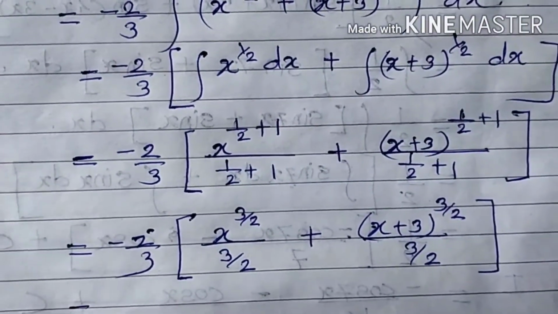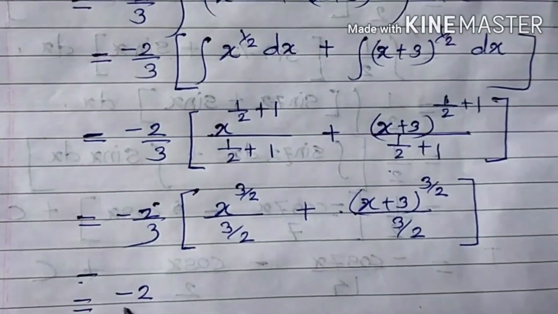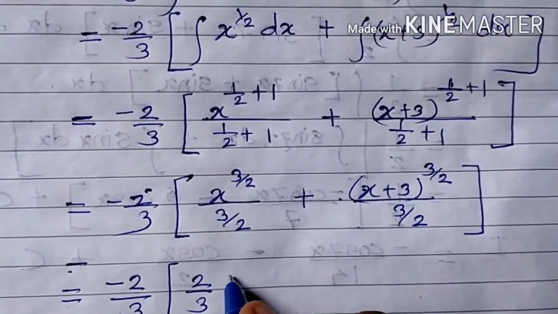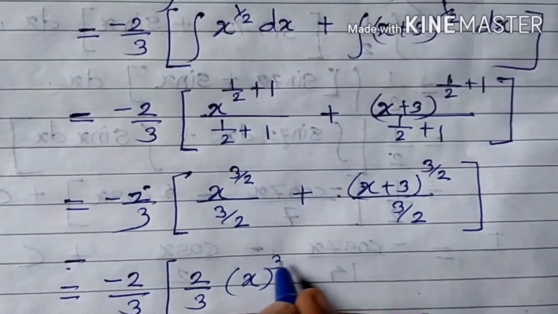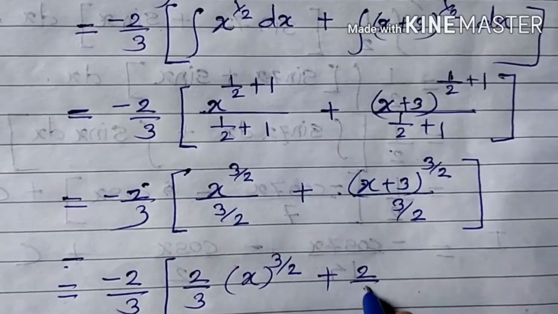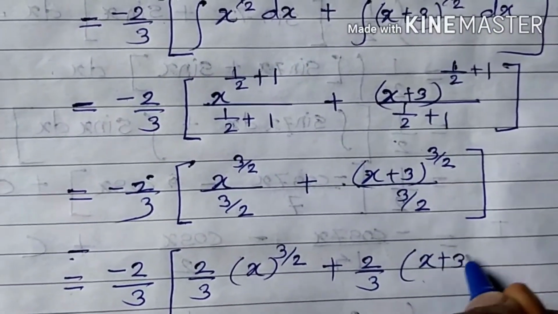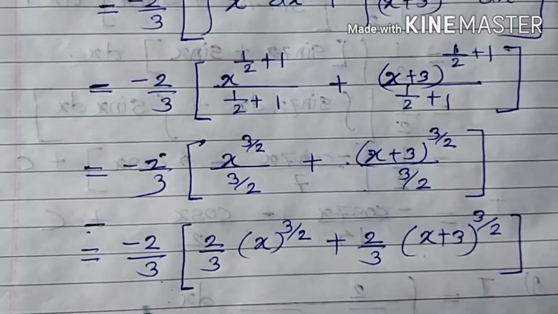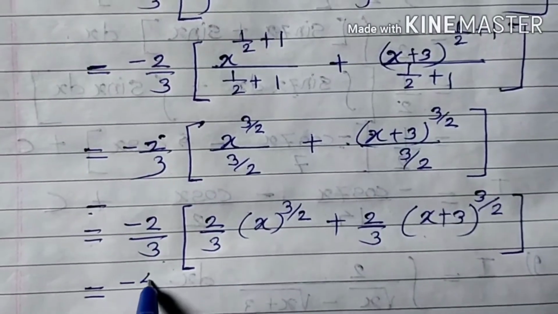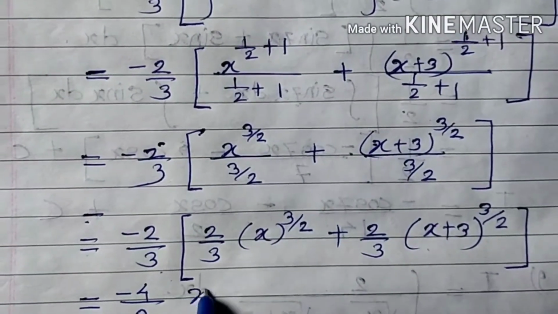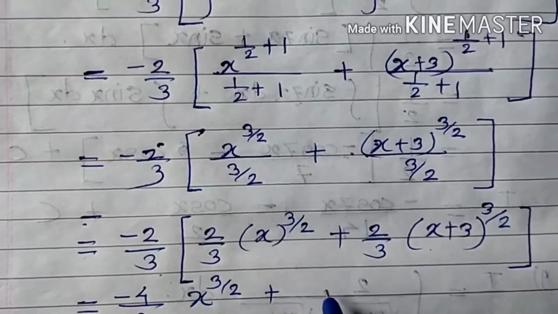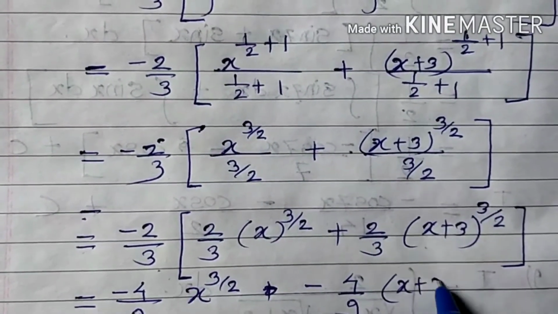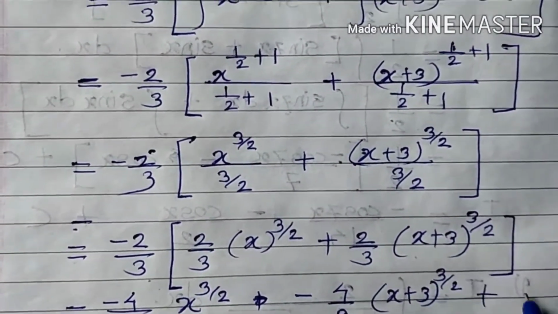So it is like that: minus 2 upon 3 into 2 upon 3 into x raised to 3 by 2 plus 2 upon 3 into (x plus 3) raised to 3 by 2. Now minus 2 upon 3 multiplied, so minus 4 upon 9 x raised to 3 by 2 plus minus 4 upon 9 (x plus 3) raised to 3 by 2 plus c.